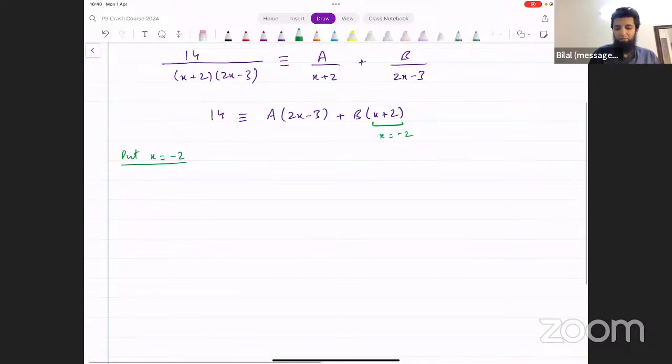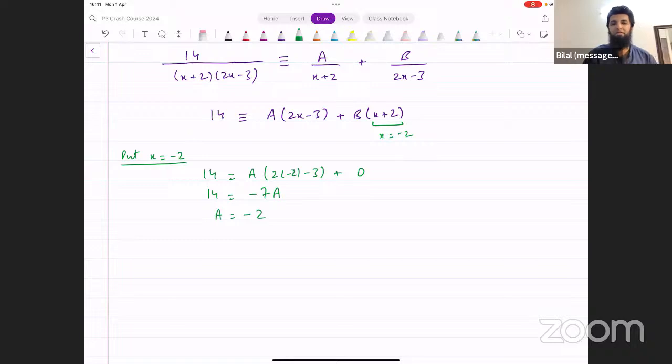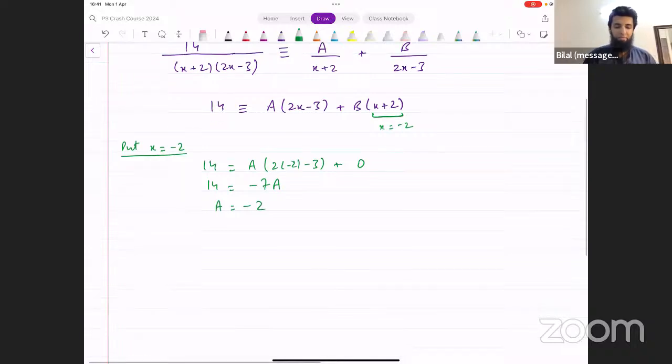When we do that, that gives us 14 equal to A into 2 into -2 minus 3 plus B into -2 plus 2. Now that's obvious. The second term is going to become 0. So we have 14 equals -7 times A, and the value of A turns out to be -2. So that's A. A is -2.